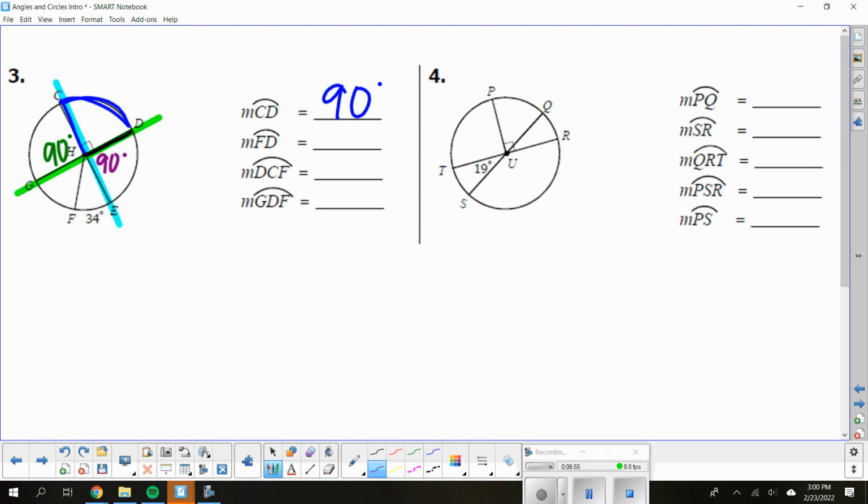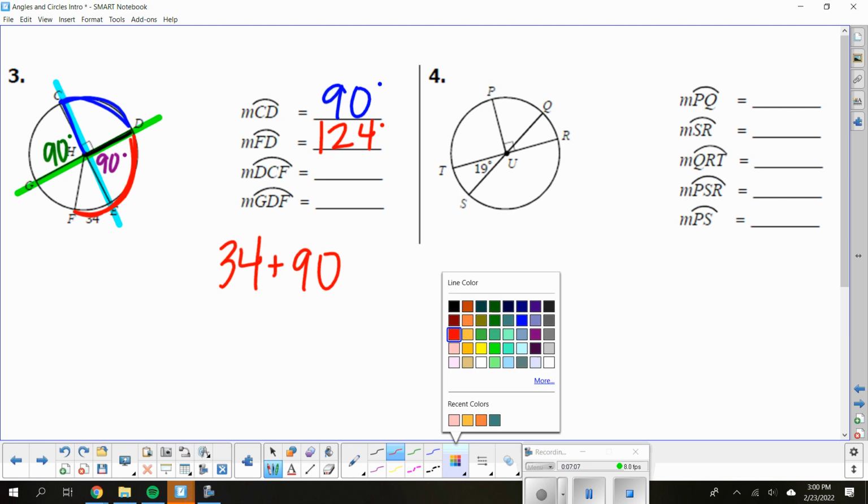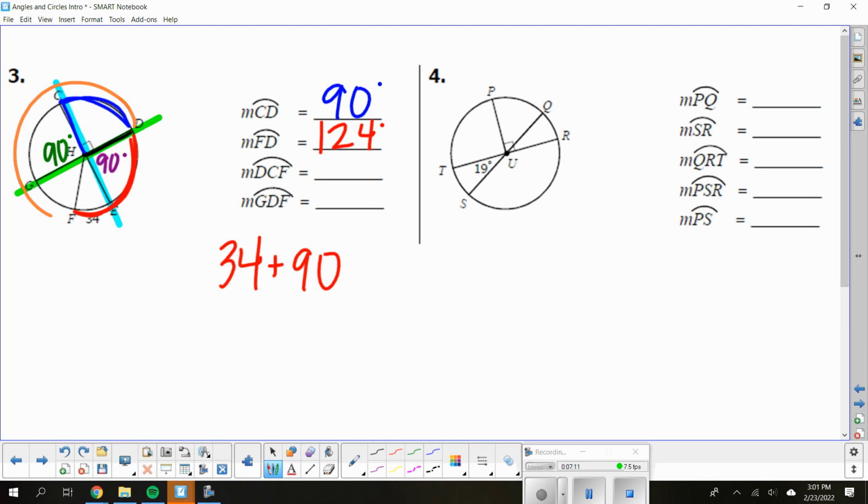So I'm doing F to D. Again, it's two letters, so it's a minor arc. I'm looking at 34 and 90, so I'm looking at 124. D, C, F. D to C to F. So I am looking at a 90, a 90, and I don't know what this piece right here is.